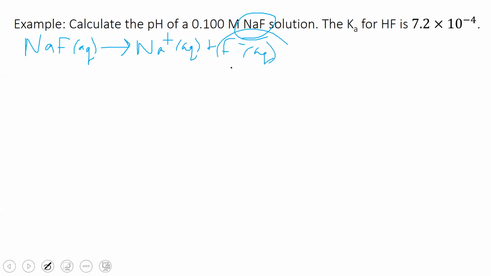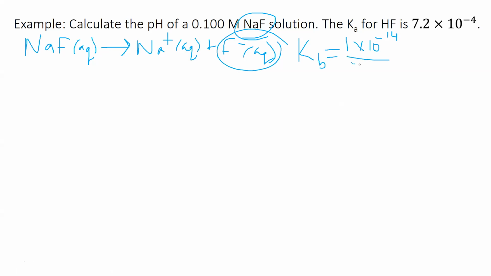And the fluoride ion is what we're really interested in. It's a base, so we need to see how that base reacts with water. What's really necessary for us is the Kb. And the Kb is as simple as calculating 1 times 10 to the minus 14 divided by Ka.